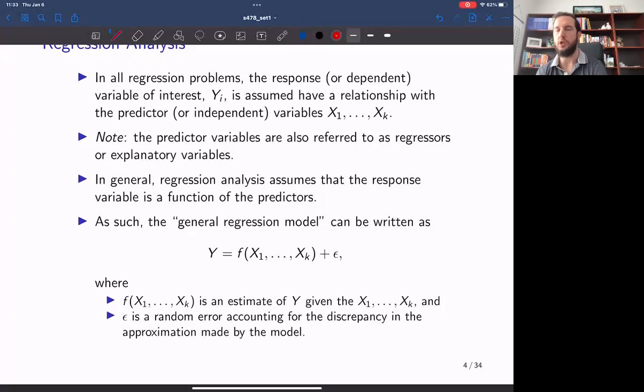But in general, what regression analysis is assuming is that y can be modeled as a function f of x.